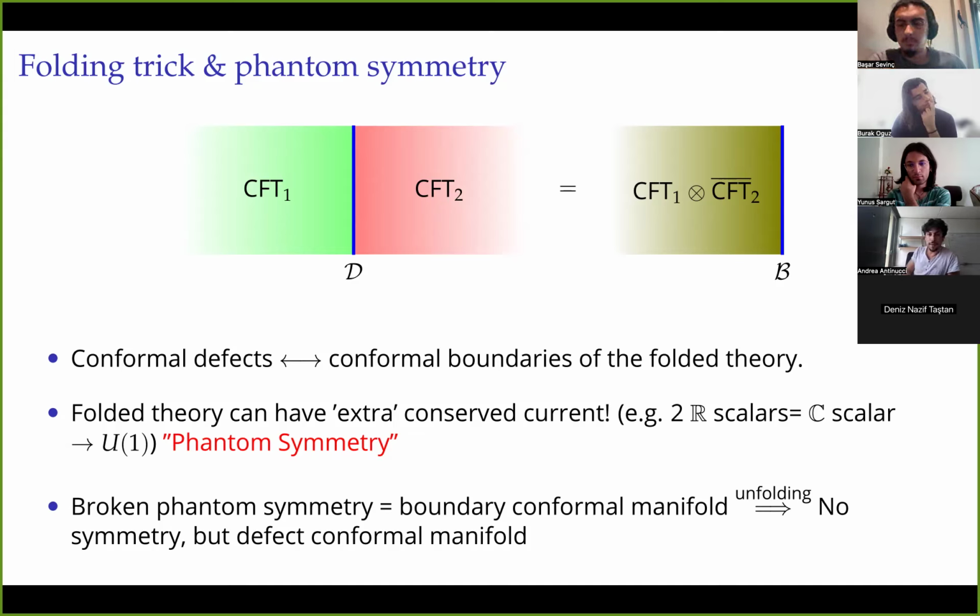But what might be a little more surprising, as I will explain, is that this phenomenon can happen even in interacting theories. We dub this phenomenon phantom symmetry, because it's a symmetry that is not there in the problem we want to study, but you do a trick and discover that there is a useful symmetry you can use to understand your problem.